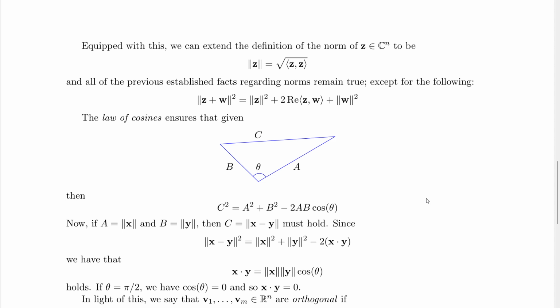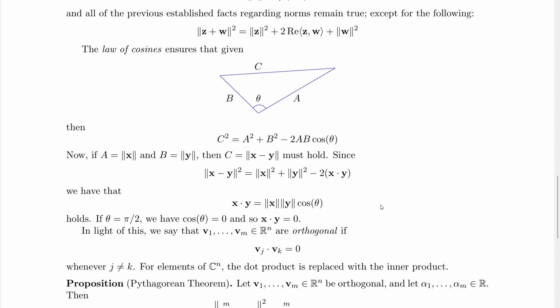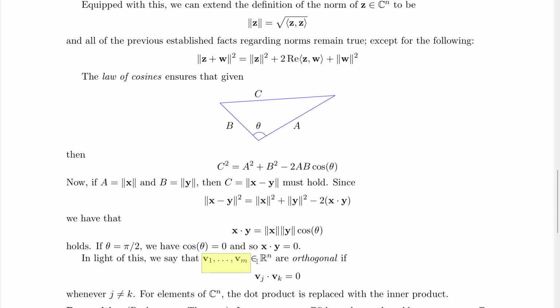So in light of that, we'll define a list of elements to be orthogonal if their dot products are equal to 0 when their indices are different. Okay, so unpack that again. A list of elements is said to be orthogonal if their mutual dot products are 0 when the indices are not the same.